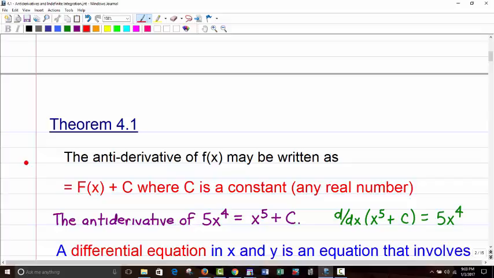So in this case, the actual antiderivative of 5x to the fourth is really x to the fifth plus c. And you can see that because if c is a constant, its derivative would be 0, and therefore it would still be 5x to the fourth.